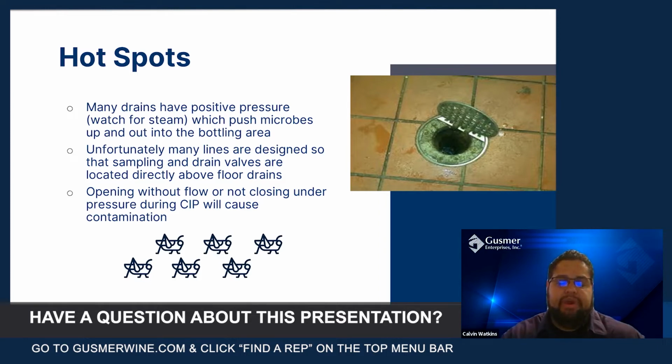So if you have valves or sampling valves above those kinds of drains, when you open your sampling valve, you want to let it flow, and then take your sample afterward. You definitely want to close your valves under positive pressure. So when you close your valve, make sure you have that sanitation water coming out. Don't close them empty or dry.